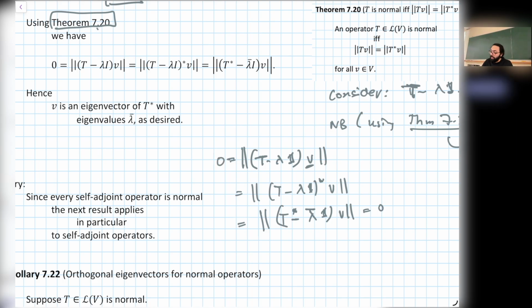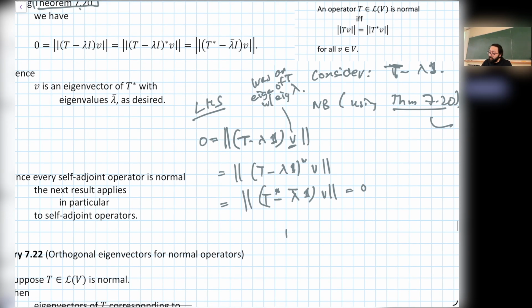So the left hand side is 0. Why is the left hand side 0? Because V was an eigenvector of T with eigenvalue lambda. So therefore the left hand side is 0. This is fine. That also means the right hand side is 0. And what does that mean? That in turn means that T star minus lambda bar identity applied to V has to be 0 because V is a non-zero vector.